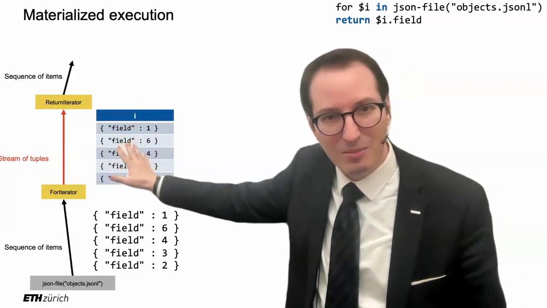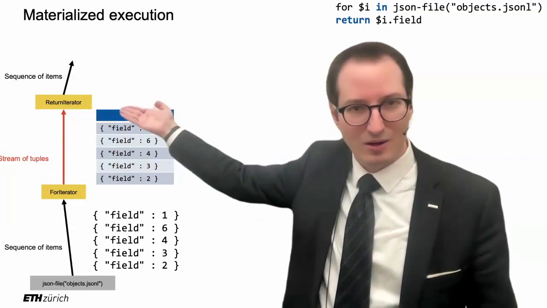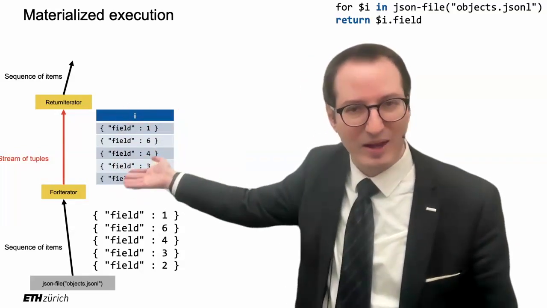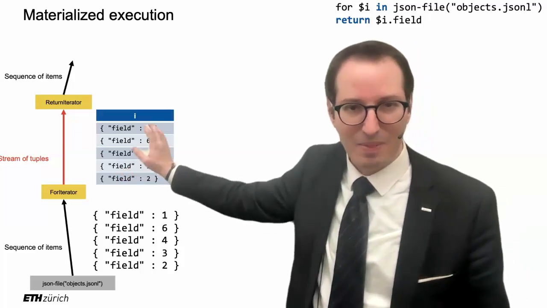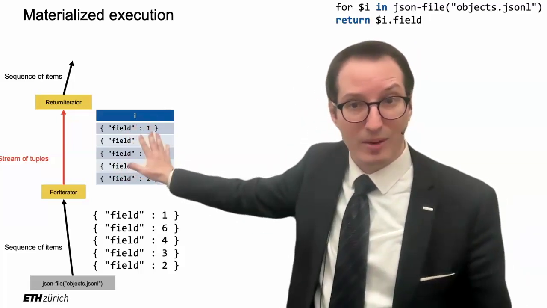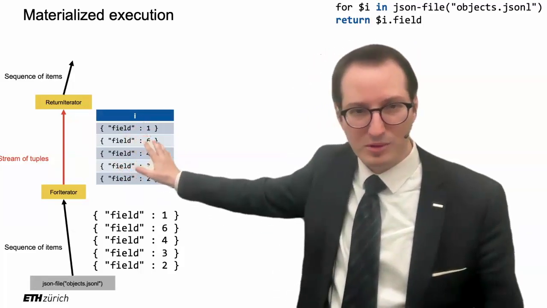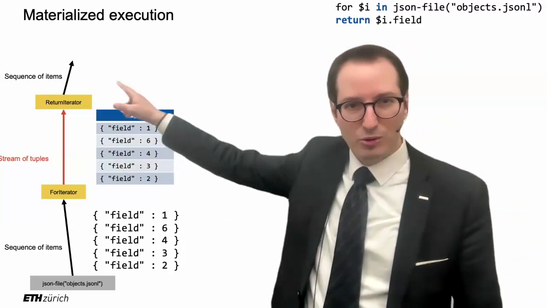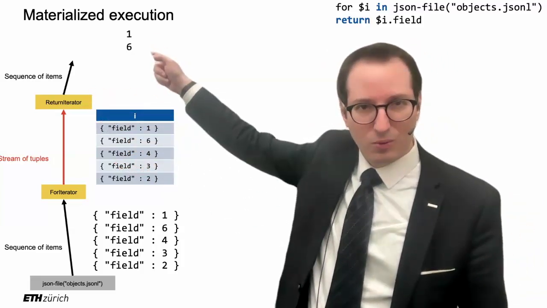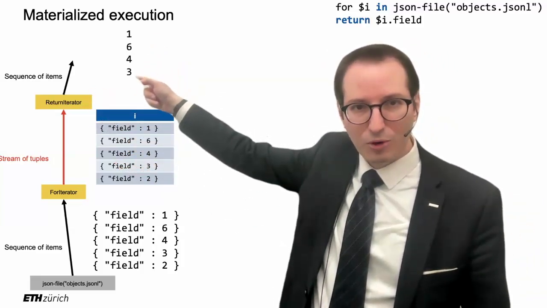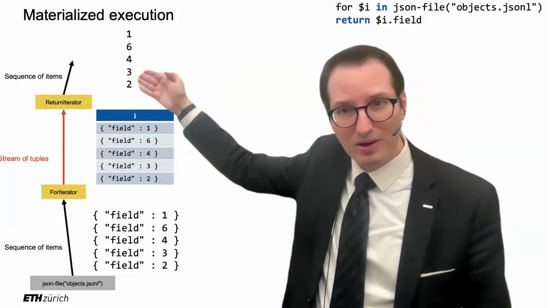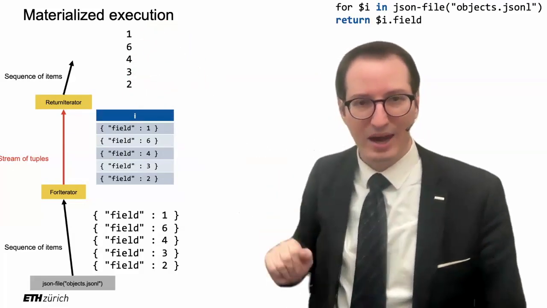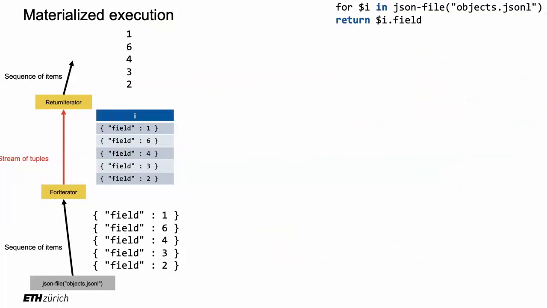You materialize it in memory, it's a list, but you can consider it more generally, let's say physically, a data frame, right? This is materialized in the memory. You can actually look at the memory and you see that. And then you do the same here if you go further down, 1, 6, 4, 3, 2, and again, this is materialized. You have an actual list, an actual array with all the items in memory, right? So this is called the materialized execution when you do it like this.